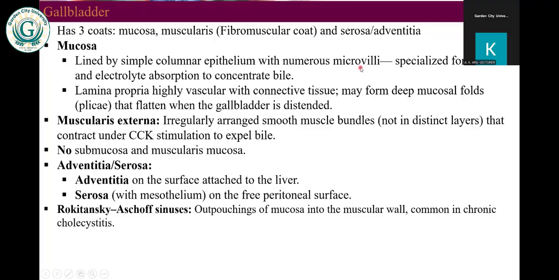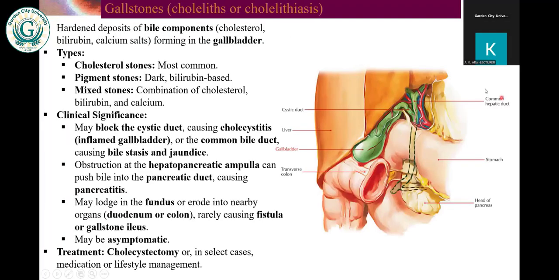So the microvilli will increase the surface area so that there will be water and electrolyte absorption to be able to concentrate the bile. Now, within the wall too, there will be muscles, and it is the contraction of the muscle that will help to push the bile into the cystic duct.